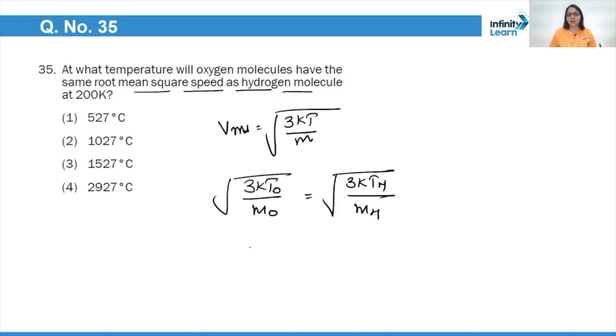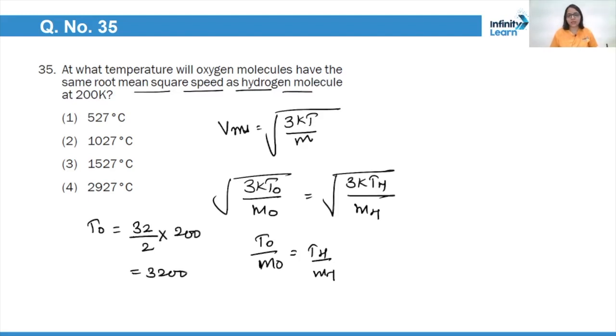After squaring, you can write TO upon MO is equal to TH upon MH. So TO will be MO, which is 32, divided by MH, which is 2, into TH, which is 200. So this is 3200 Kelvin. If you subtract 273, you'll get the value in degrees Celsius, which is 2927 degrees Celsius.